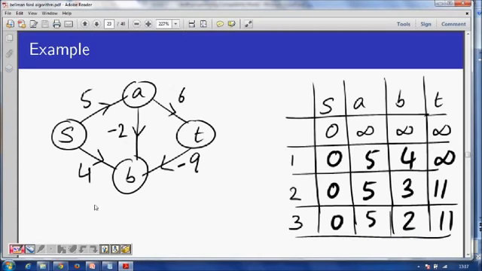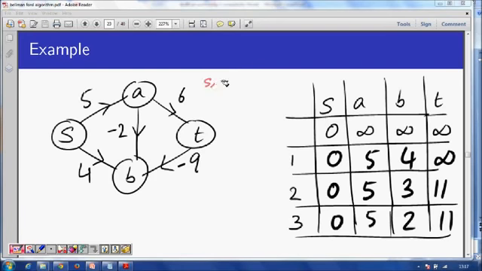Now we will try to see this for one particular example. Here we have a graph with S, T, A and B, and you have to follow how you take the edges.